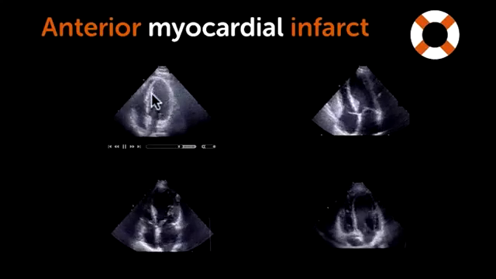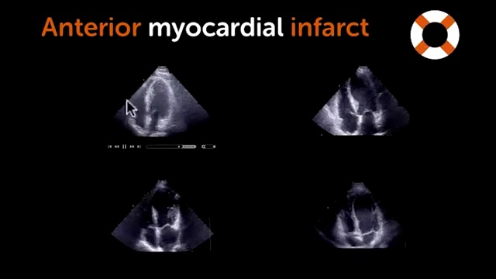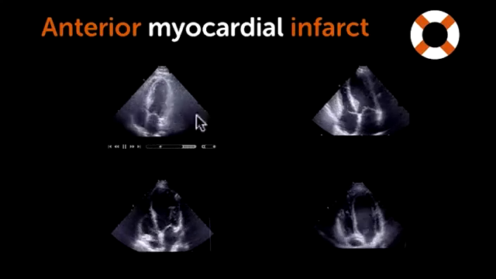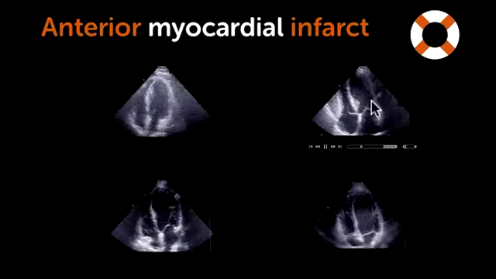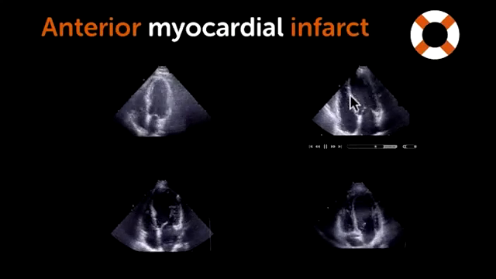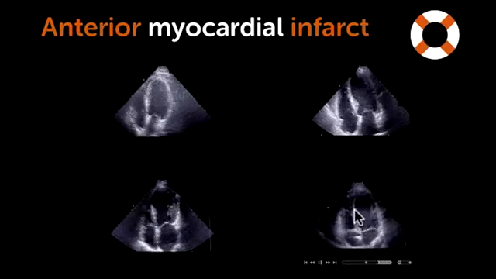Compare the contractile function in this part of the myocardium, the distal septum, with the remaining myocardium. Can you see that it is hypokinetic? It does not contract as much as the rest. The same is true for this ventricle, only that the wall motion abnormality, the region, is even larger. Large parts of the septum are involved. This is also true for this ventricle right here, and this patient here as well.